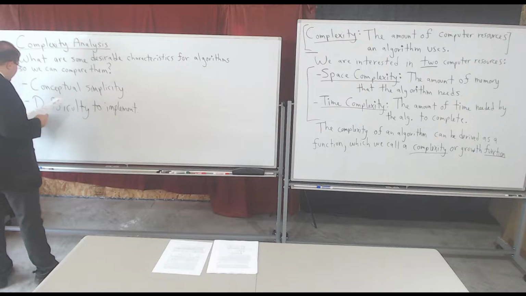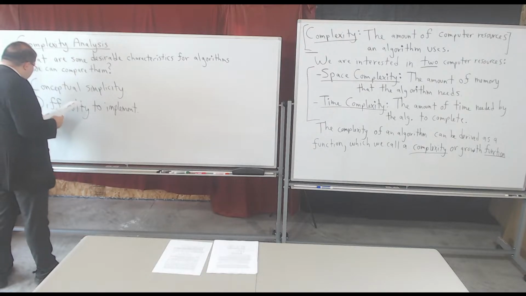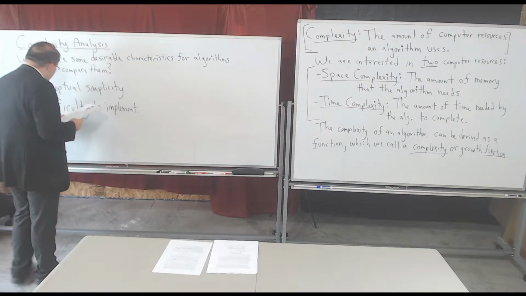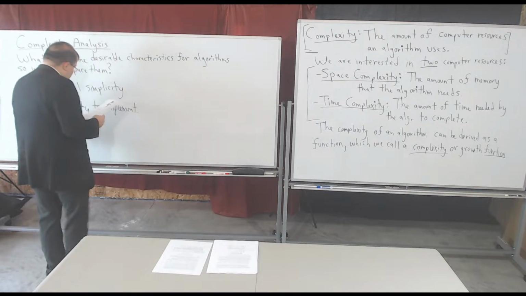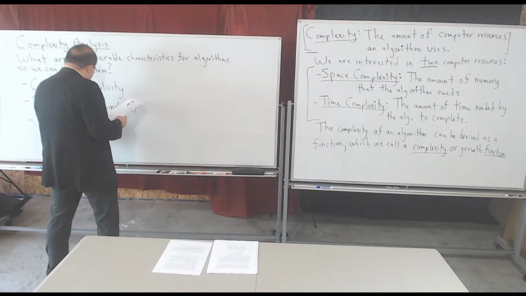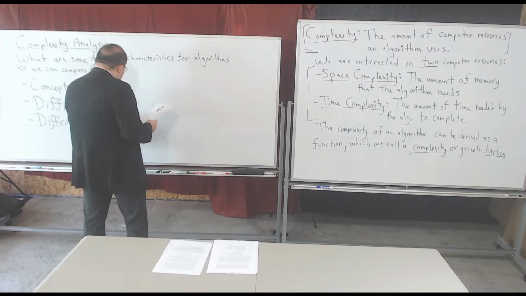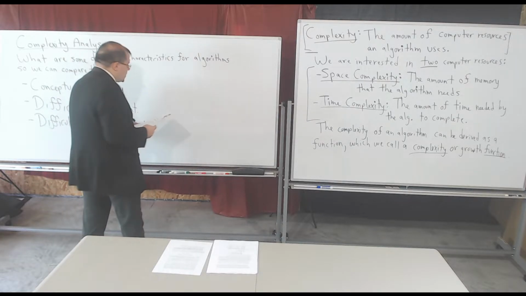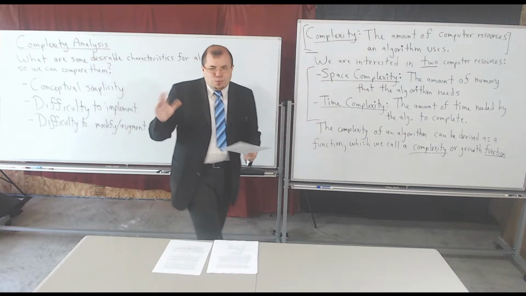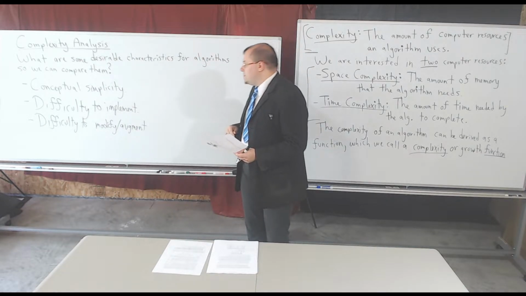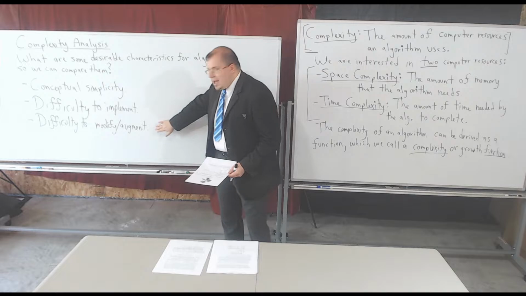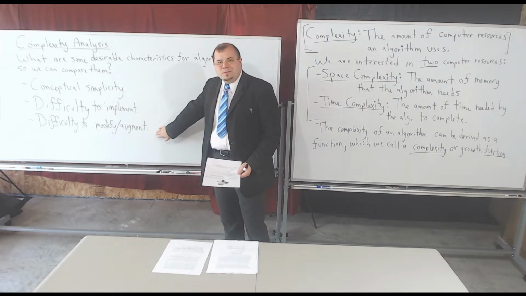Another one, kind of related, is the difficulty to modify or augment. I give you some algorithm, and it works and solves this particular problem. How easy is it to modify the algorithm to solve other problems?